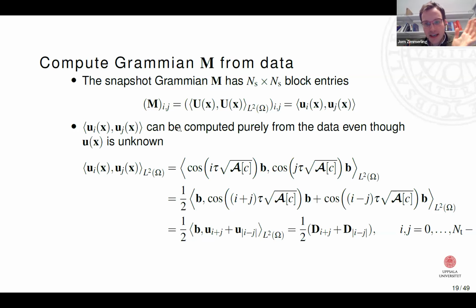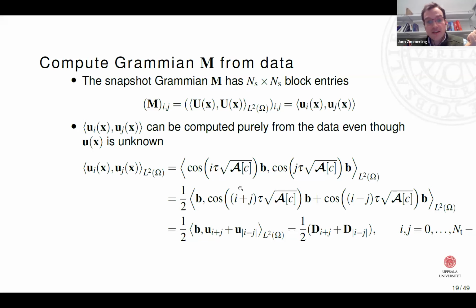Then it turns out that these can be purely computed from the data, even though U is unknown. And because we symmetrized our equation, this is quite easy to show. So U at time step i is nothing but the cosine of i times tau times the square root of the operator. And U at time step j is just the cosine of j times tau times the square root of the operator. Now, in this inner product, the operator is symmetric, so we can just shift the cosine of this operator to the right-hand side.